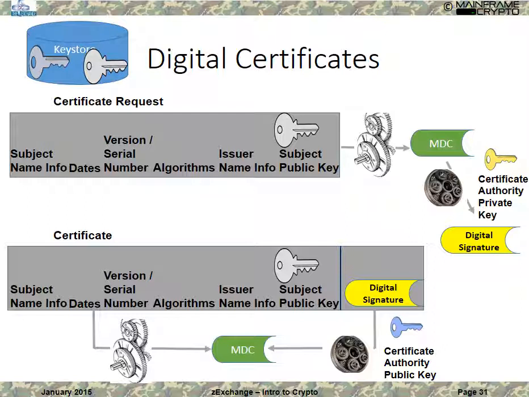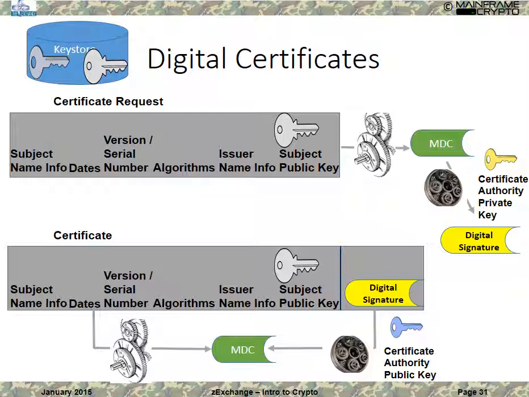Now, where's the CA's public key? How do you get access to the CA's public key? That's built into a lot of systems. So in IE or Firefox, whatever browser you're using, if you go look at your internet options, you will see that there are probably hundreds of public keys that are predefined and built in as a part of Internet Explorer or Firefox. Similarly, when you install RACF, the RACF database comes pre-populated with a whole bunch of public keys from certificate authorities.